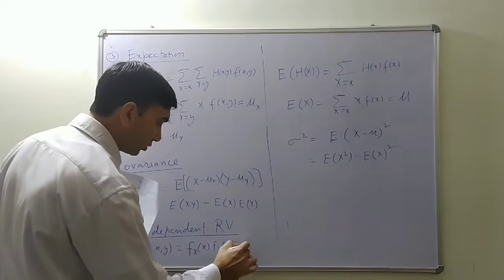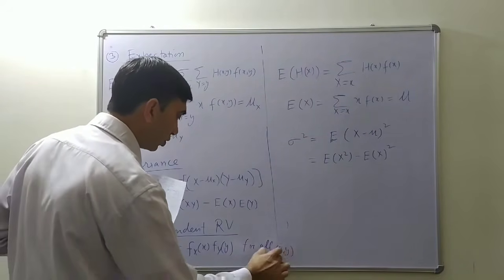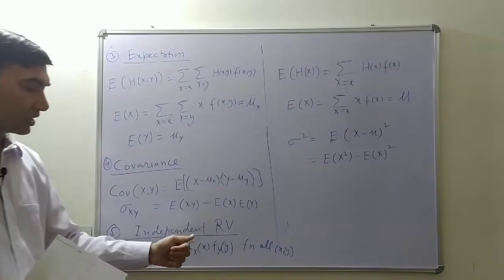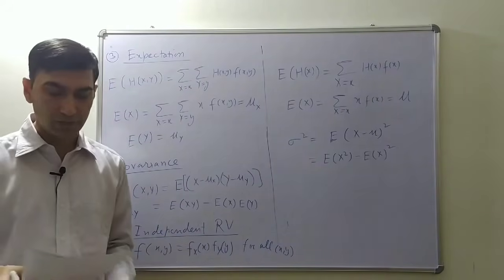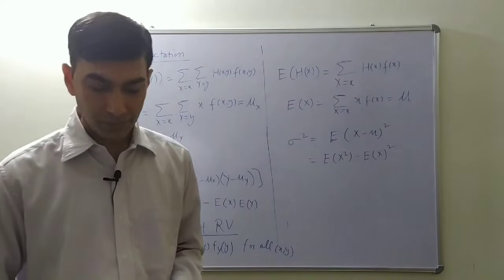And remember that this should happen for all values of x, y. If this condition fails even for a single pair x, y, then x, y are not independent. Up to this it's fine? Okay.